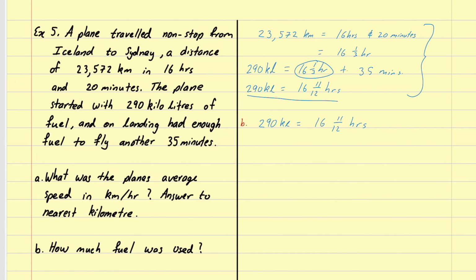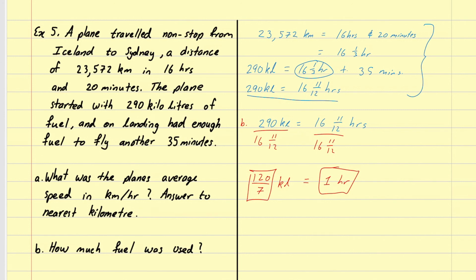Now you can divide both sides by 16 and 11/12, and you would get 120/7 kiloliters for 1 hour. Anytime you divide a number by itself, that always gives us 1, so that always checks out. You just have to make sure you put this in your calculator properly, and that should give you the right answer.